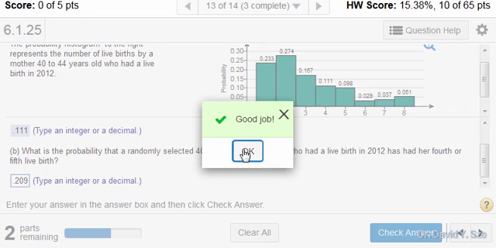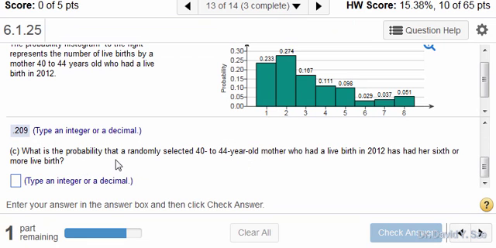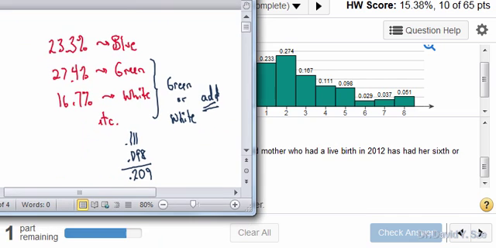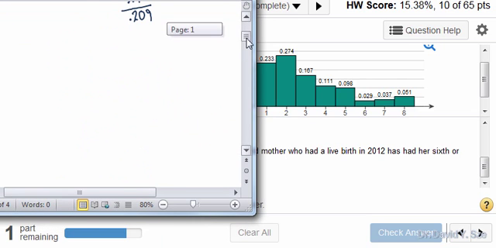Let's keep going. The probability has her sixth or more. 6 or more means 6, 7, 8, etc. So what we need to do is to add those all up. Sixth is 0.029.